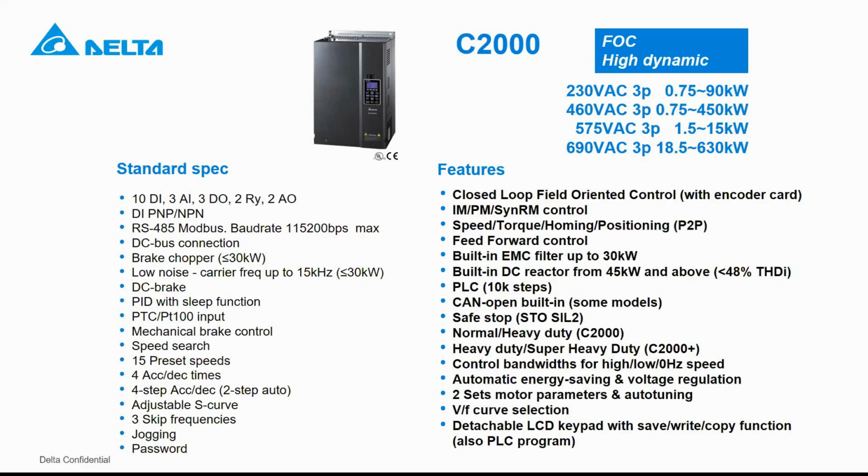You can use the drive to run PM motors or synchronous reluctance motors, and of course also induction motors. You have different functions for speed and torque and positioning control, also with feed forward.